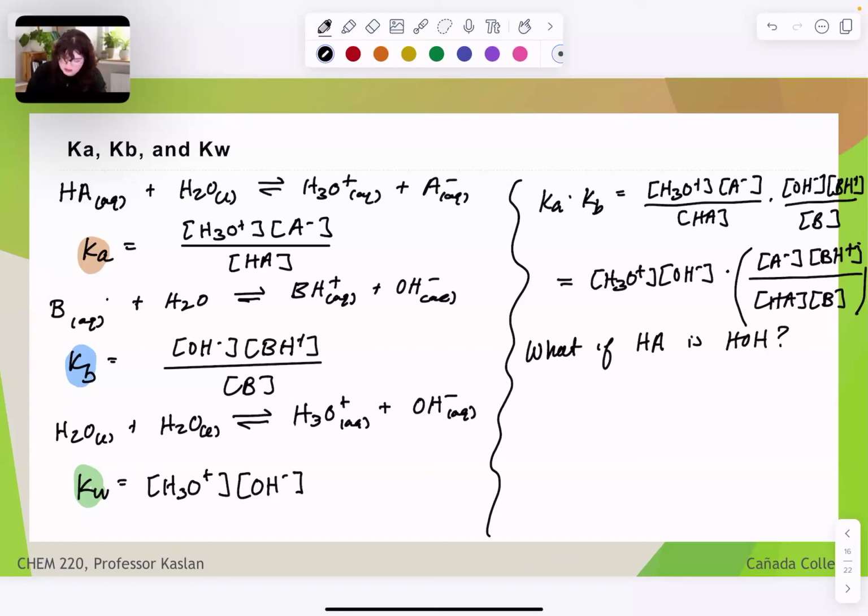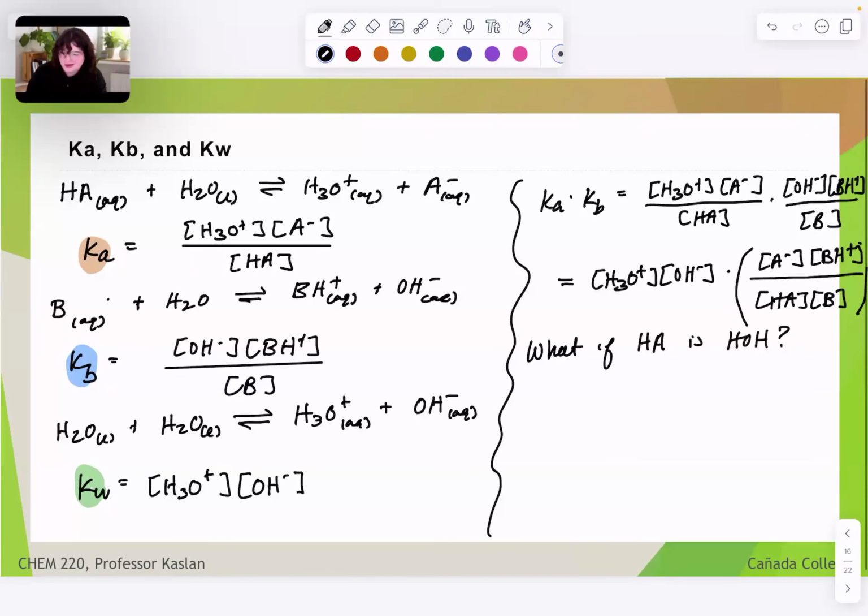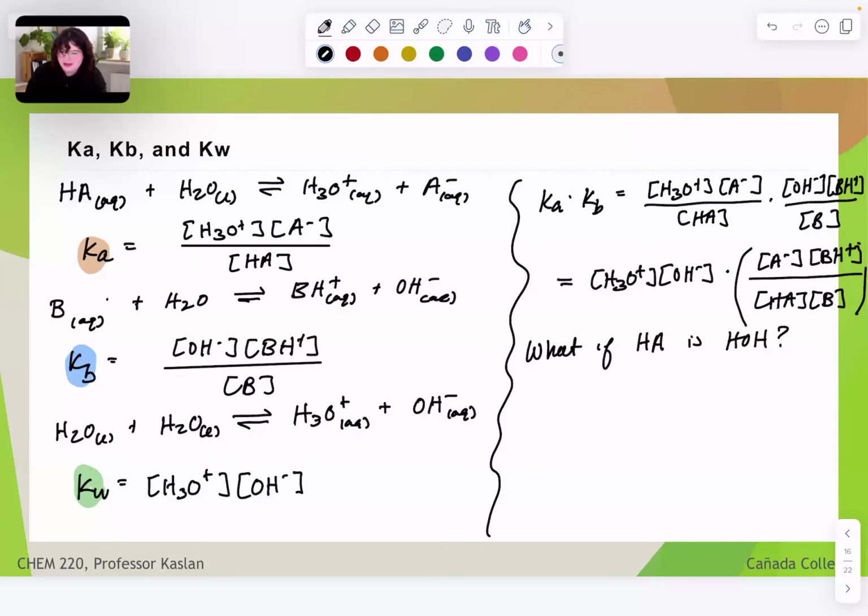What if HA is water? And what if B is base water, right? Because water can be both. So what we would find if we were to do this, it's going to get kind of word soupy here if we were to substitute in all of our hydroxides, H3O pluses, and waters.